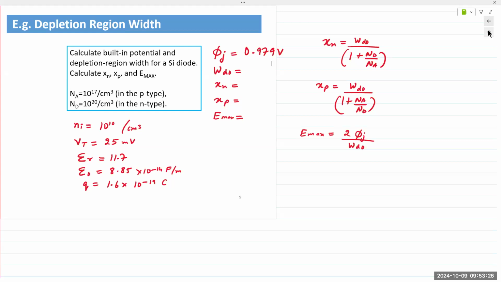So it's 0.113 or 0.1126 microns. So it's 2 times epsilon S over Q. And let's see, 1.6 10 raised to minus 19, 8.85 10 raised to minus 14 times 11.7 times 2, and then times 1 over 10 raised to 17 plus 1 over 10 raised to 20 times 0.979.